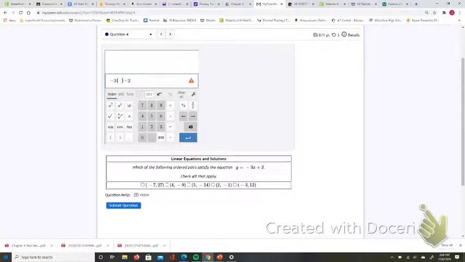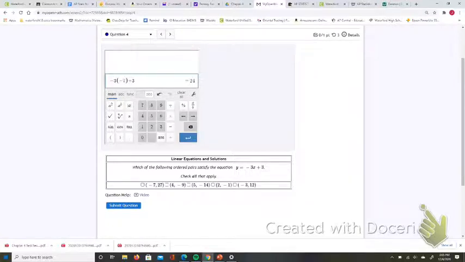So I want to put the x into my calculator screen. So negative 7 is my x. So I come up here, and in my parentheses, I type negative 7, and the answer comes out 24. So I go over here and I look, and I wanted to get 27, so it didn't work.